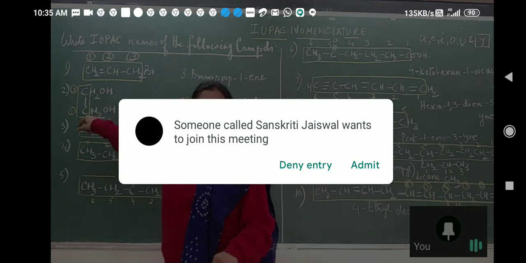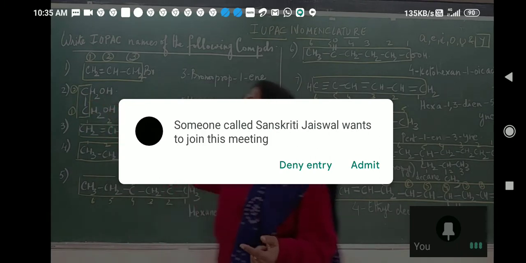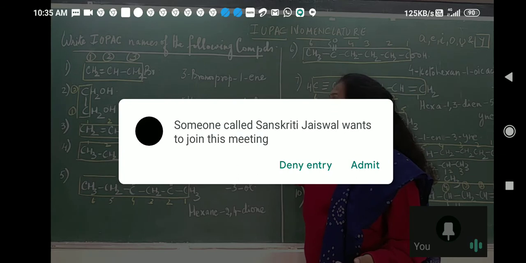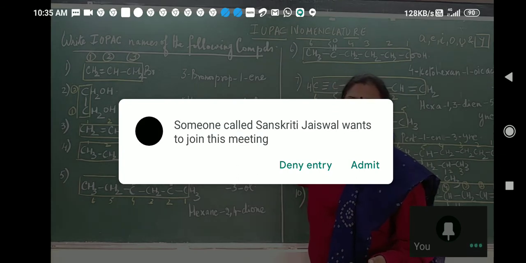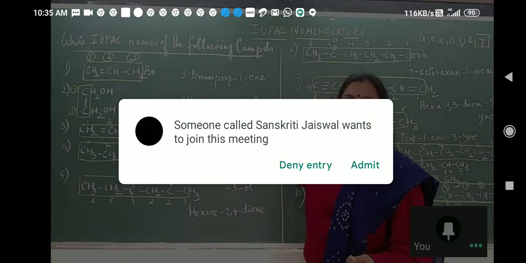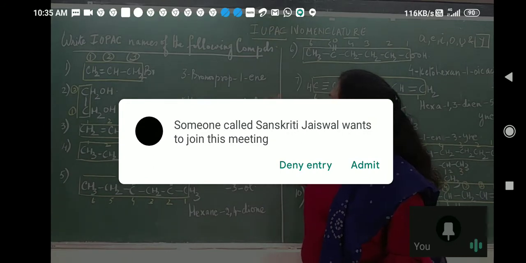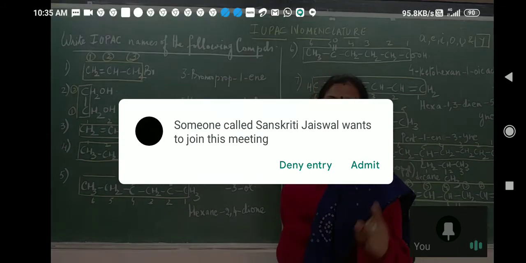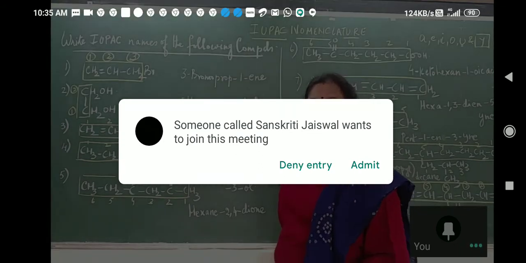They will get the same number, 1 and 2. So it will be ethane-1,2-diol. The e is kept, hyphen is on both the ends, and the locants are separated by a small comma.